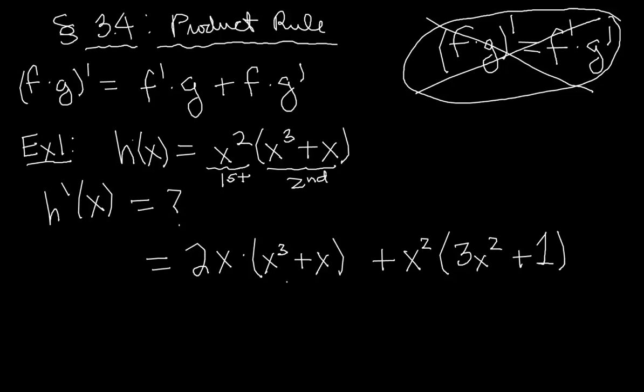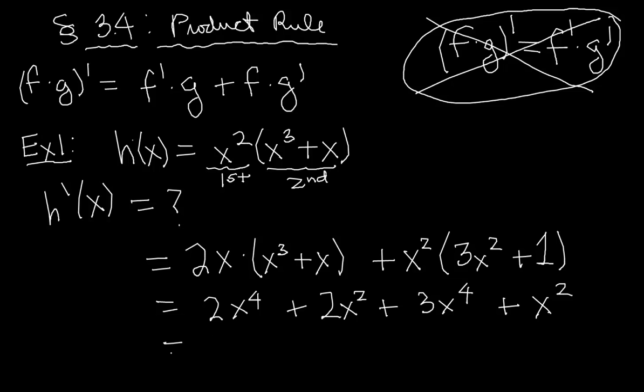Notice I was just using the power rule to take those derivatives. And now if we simplify this, we'll get 2x to the fourth power plus 2x squared plus 3x to the fourth plus x squared.